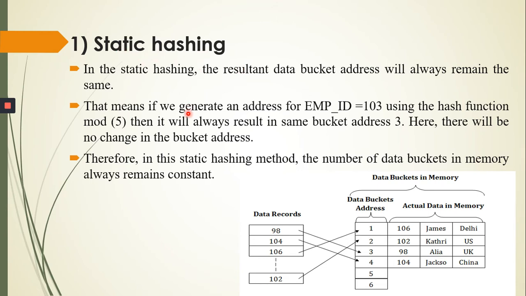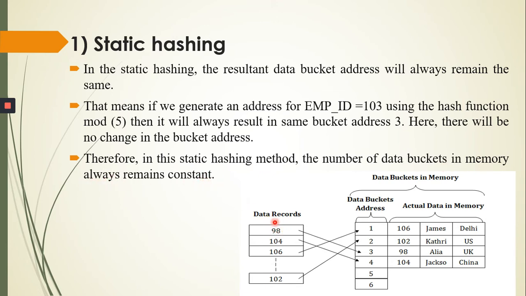Suppose we are using the hash function mod 5. When we calculate the key value 103 mod 5, however many times we calculate, the answer will remain the same, 3. There will be no change in the bucket address. So this type of hashing is known as static hashing. Therefore, in the static hashing method, the number of data buckets in the memory always remains constant.